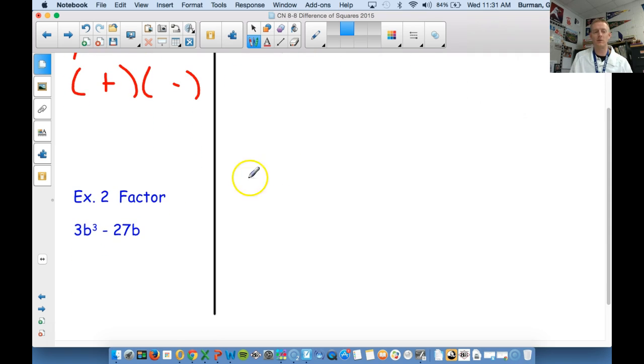Now, just like before, in example 2, our job is, step 1, to look to find if there's a GCF. Because this problem has a GCF that we can take out, we are going to do that. So we're going to pull out a 3b, and then we'll be left with b to the second minus 9. Now this part right here is our difference of squares.